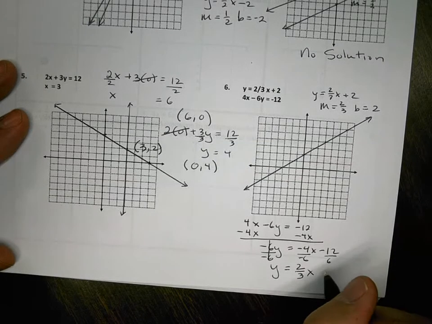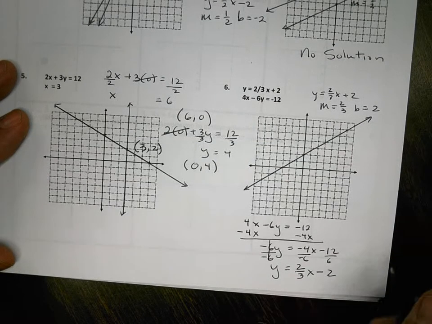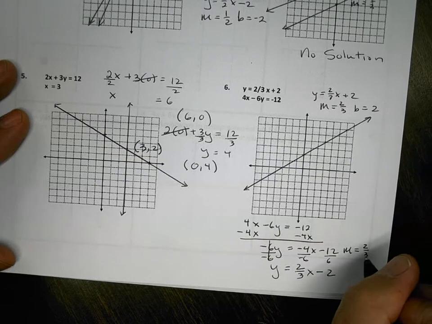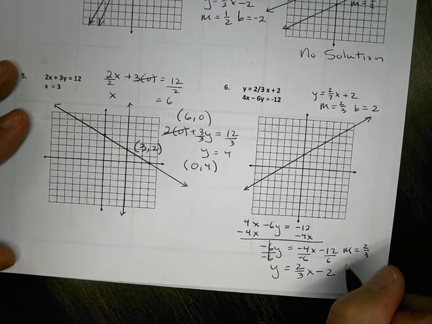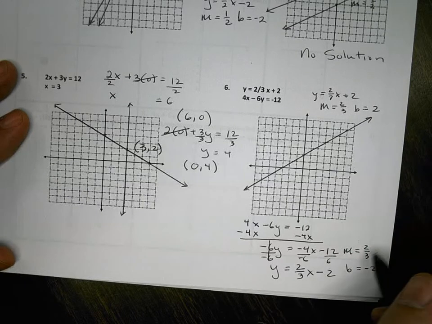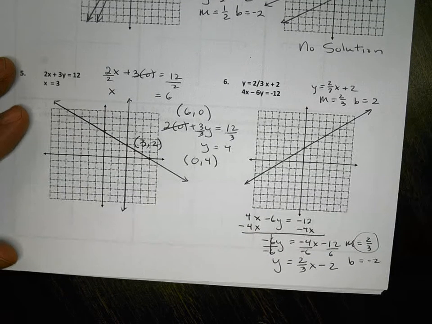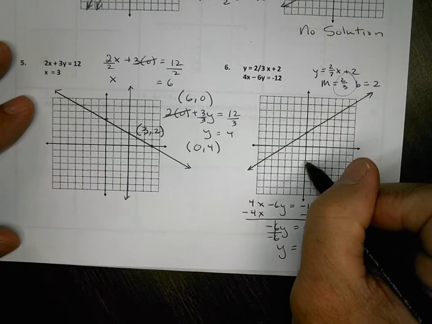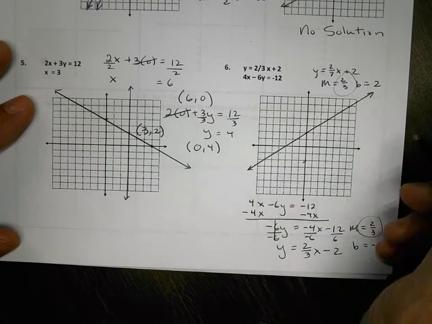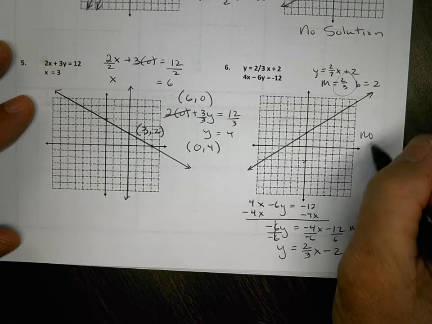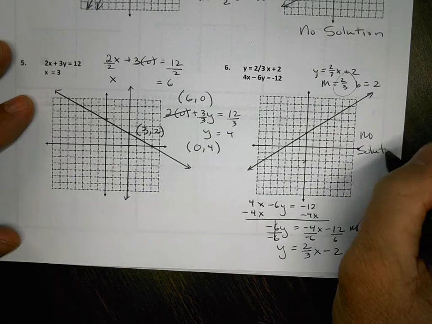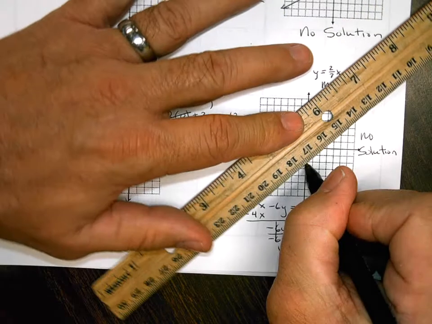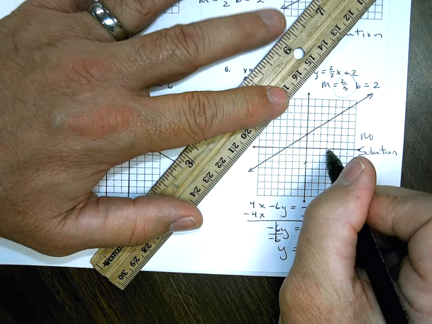So we get 2/3 x minus 2, which means we have a slope of 2/3 and a y-intercept of negative 2. Does that slope look familiar? Same slope, different y-intercept. So these are going to be parallel, which means no solution. But let me finish. 2/3 slope means rise 2, run 3.